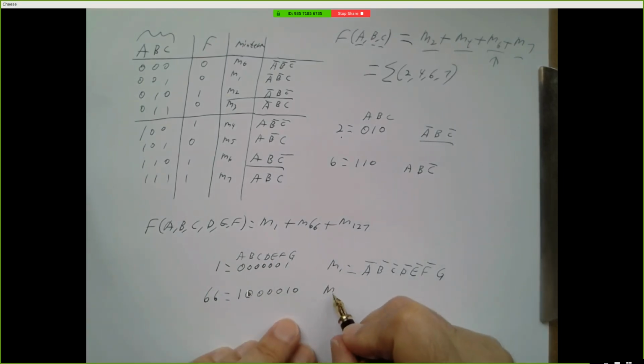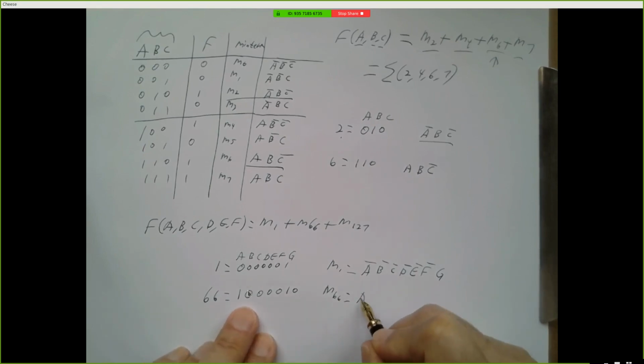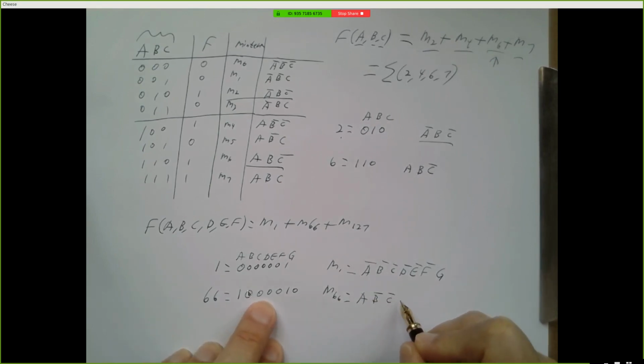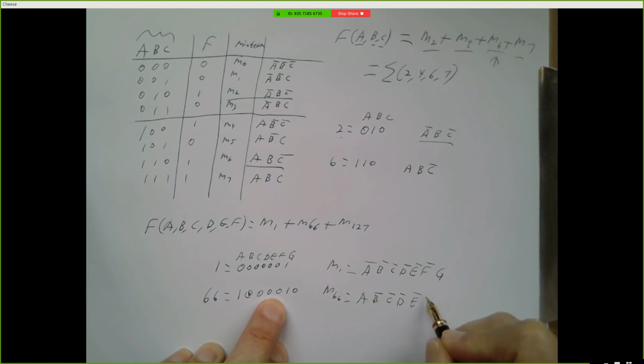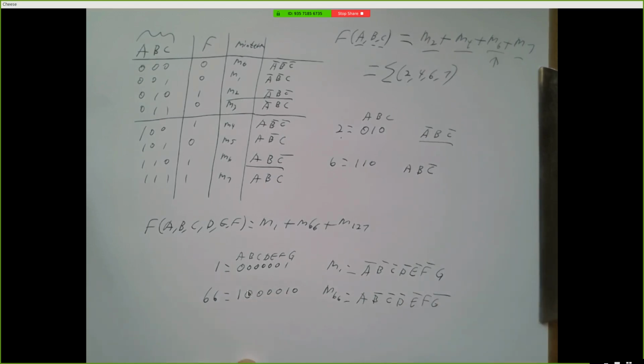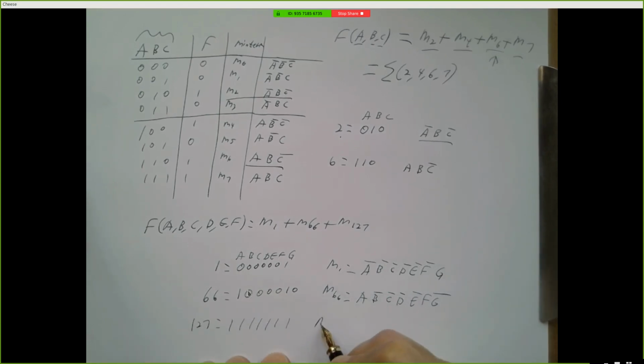And so minterm 66 is going to be A, B bar, C bar, D bar, E bar, F, G bar. And 127 is 7 1s, and so minterm 127 is A, B, C, D, E, F, G.